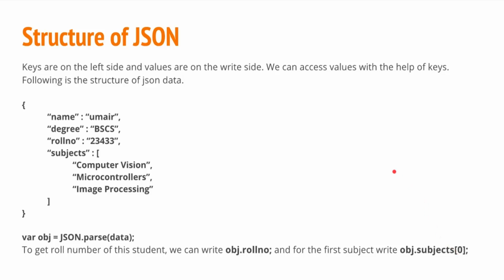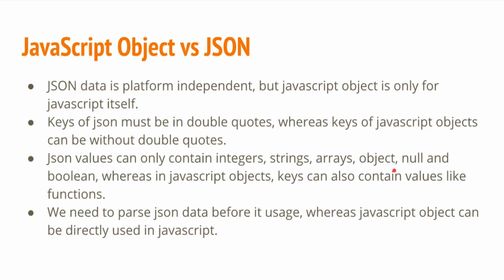So now what is the difference between JSON and a JavaScript object? JSON data is platform independent, but a JavaScript object can only be used in JavaScript itself. Keys of JSON must be in double quotes, whereas keys of JavaScript objects can be with or without double quotes.